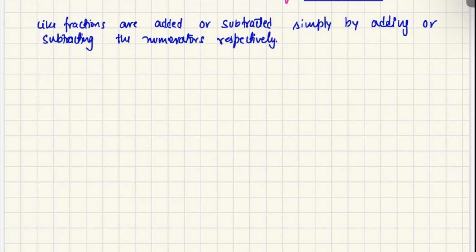Let's see it with the help of an example. We are not going to change anything in the denominator, right? How it works, let me show you.